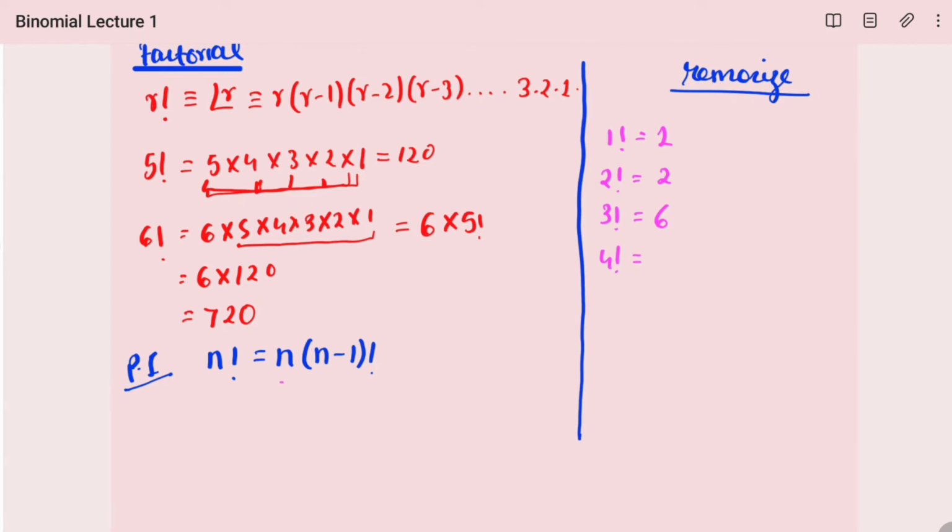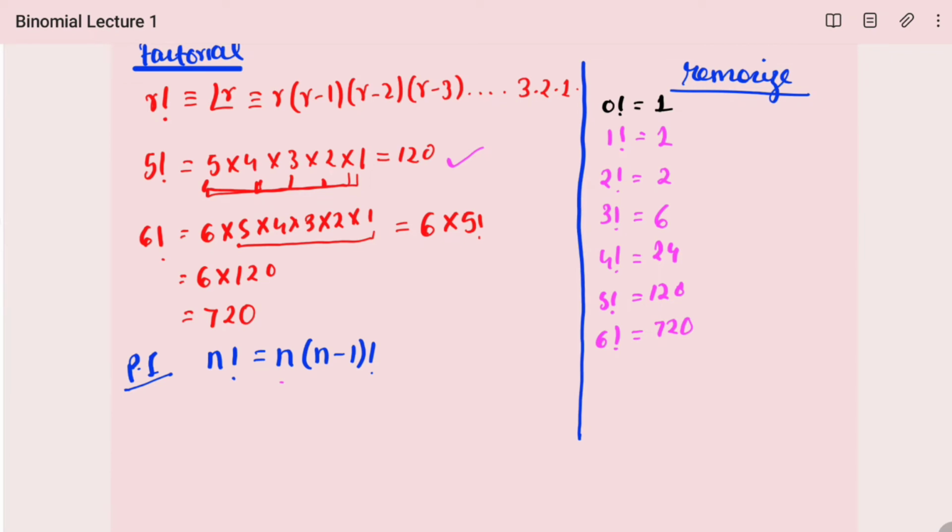So 4 into 3 factorial is 6, which is 24. 5 factorial is 5 into 4 factorial, or we have already calculated it over here, which is 120. 6 factorial is 720. Now remembering these 6 will do. In addition to these 6, you have to remember one more thing, which is 0 factorial. 0 factorial has been defined to be 1.